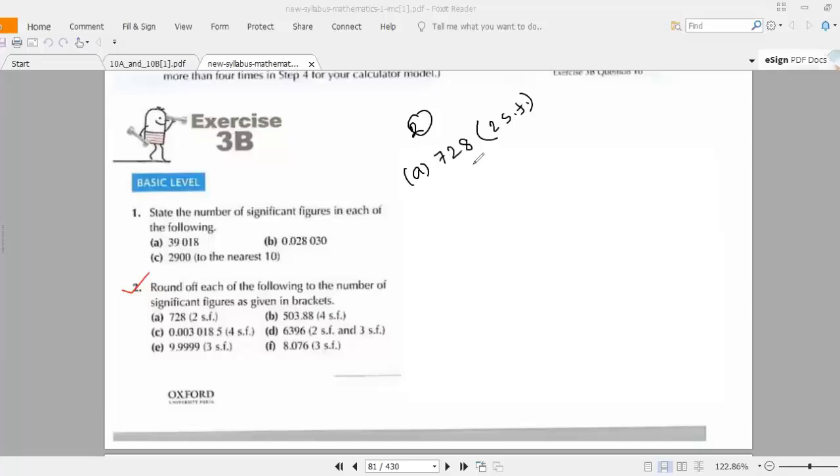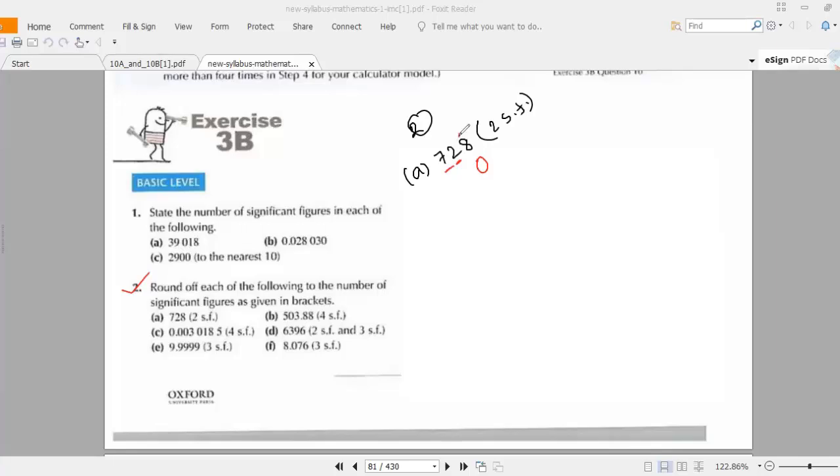This is the first significant figure, this is the second significant figure. So we will stay up to 2, and after 2, all digits will be converted to 0. First 2 digits will be countable, and after that, this 8 will be converted to 0. This is the first step.